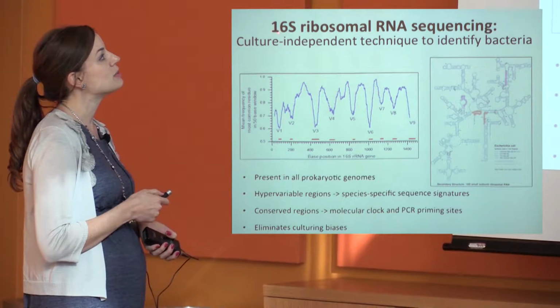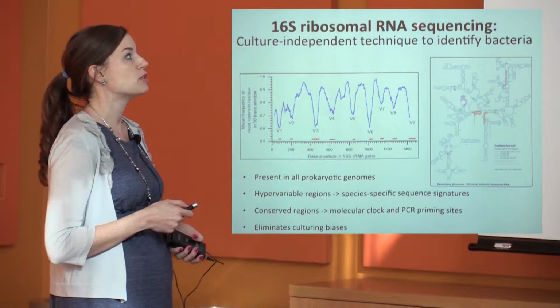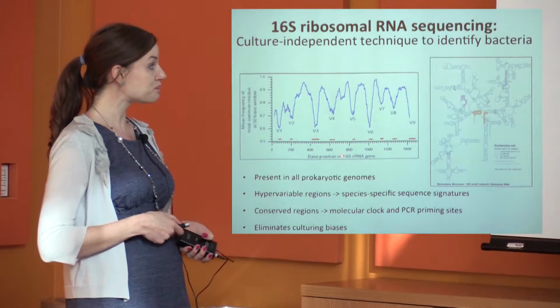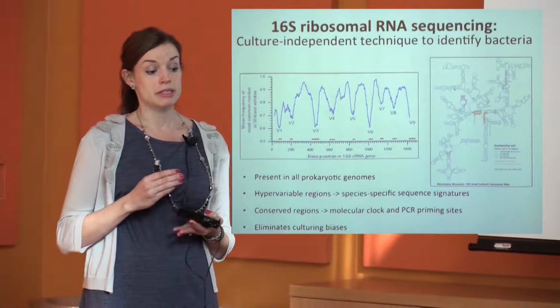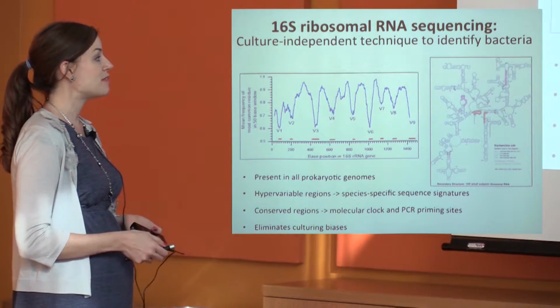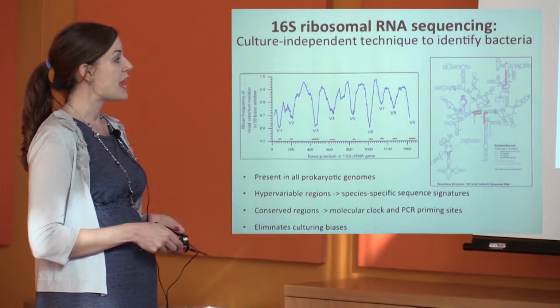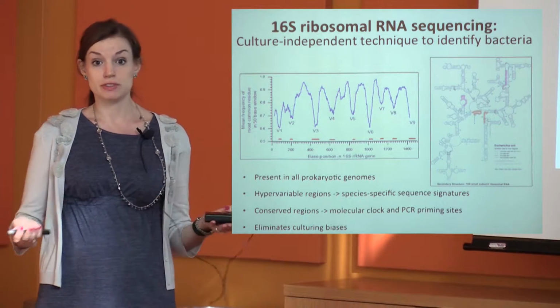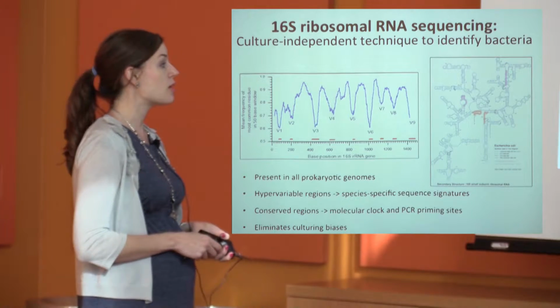The technique to do this is called 16S ribosomal RNA sequencing. This is a gene, a housekeeping gene, so all bacteria have it. And it's relatively conserved, so it's relatively similar across species.